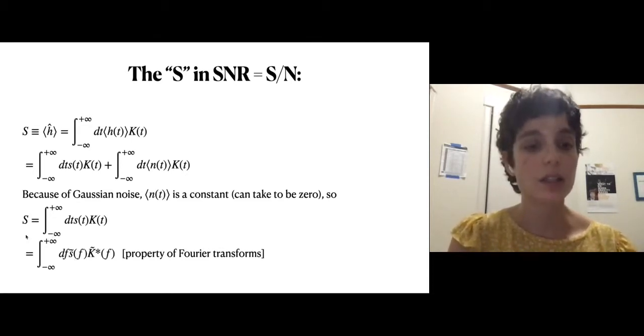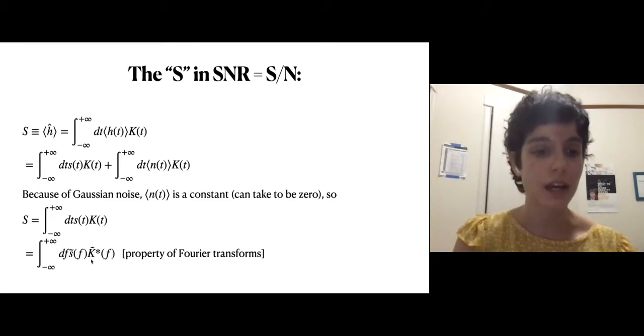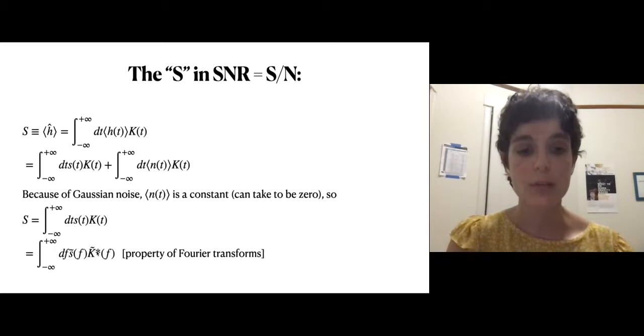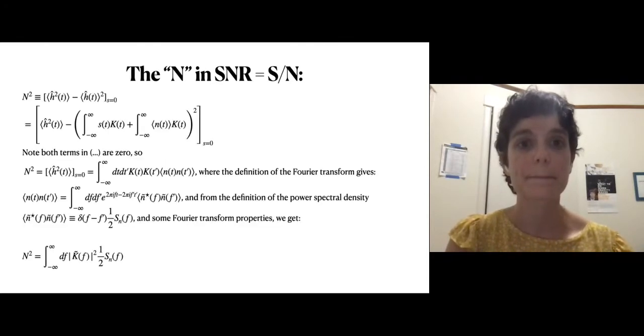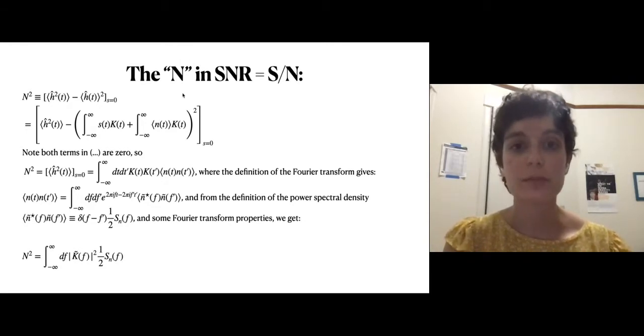So the S part is given by this integral over all positive and negative frequencies between the Fourier transform of our signal and the complex conjugate of the Fourier transform of our template. Here the star refers to complex conjugate throughout this talk. Okay, now let's turn to the N term in the signal to noise ratio.